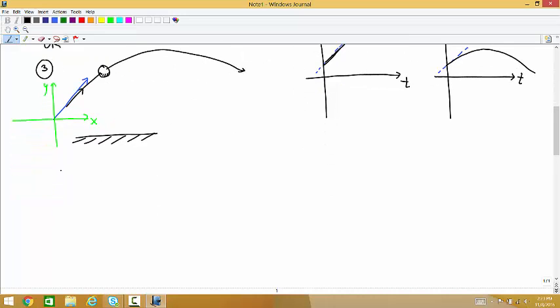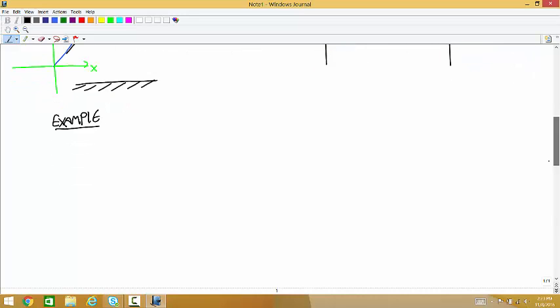Sure. So, let's do an example, and I'll try to explain it as I go. So let's say we have this incline that makes a 40-degree angle with the horizontal. And there's a box with a mass of 10 kilograms.